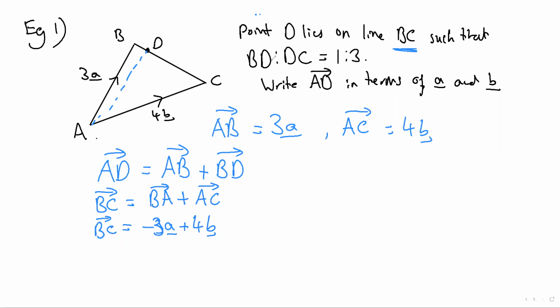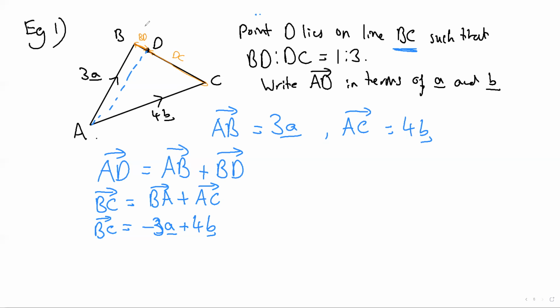BD is this line here, and this is DC, and we know that BD to DC is 1 to 3.